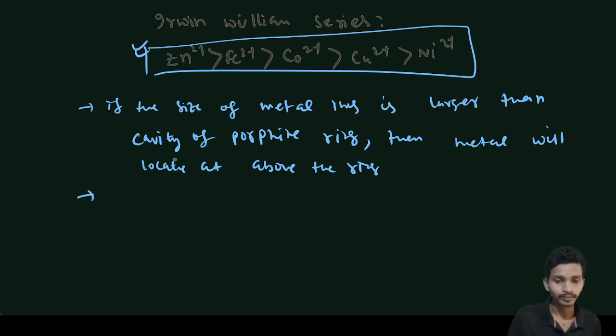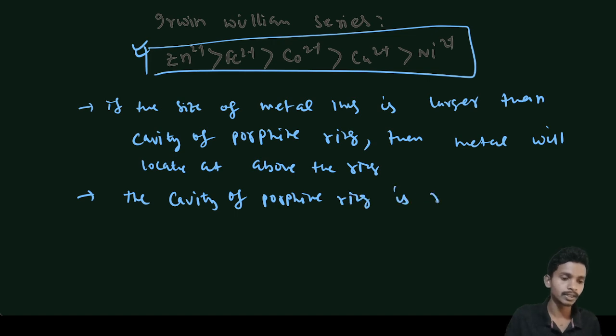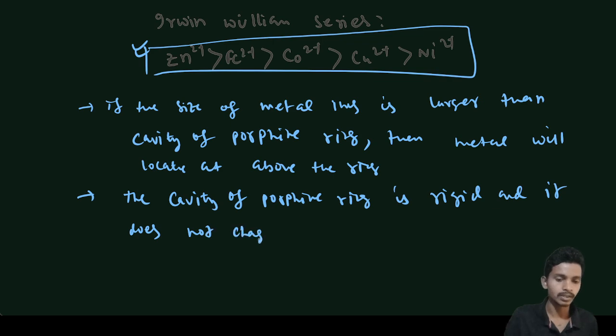Okay, and it says that the porphine ring is rigid and will not change its size according to the size of metals. So the cavity of the porphine ring is rigid and does not change its size according to metal ions.